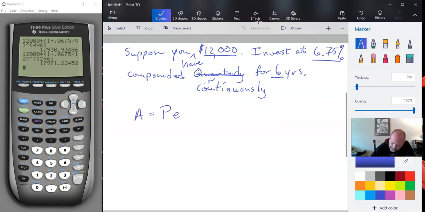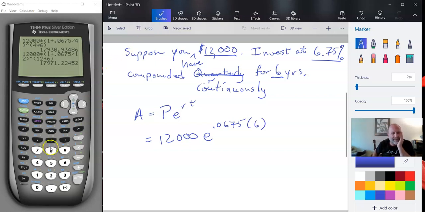It's P times e to the rt. I always loved it when it switched to continuously because the formula is so much easier to type in. You don't have as many places to make mistakes. What that would make it is 12,000 times e to the 0.0675, and t is 6. It's still 6 years. And so that's all we have to plug in this time.